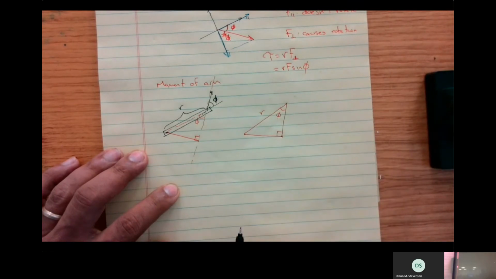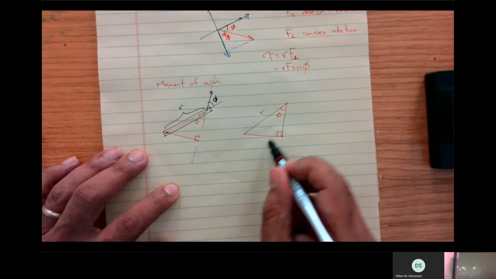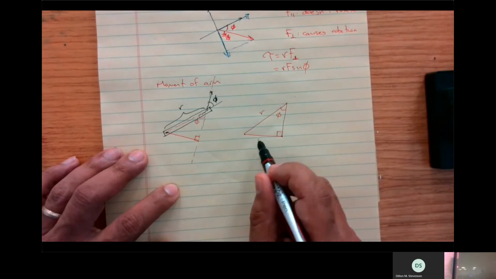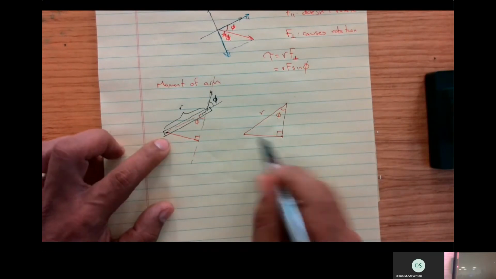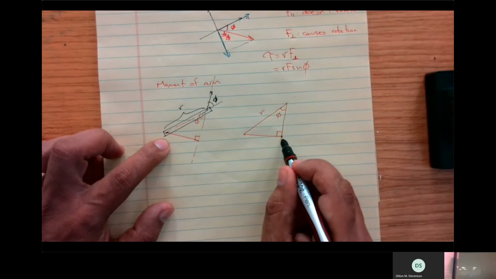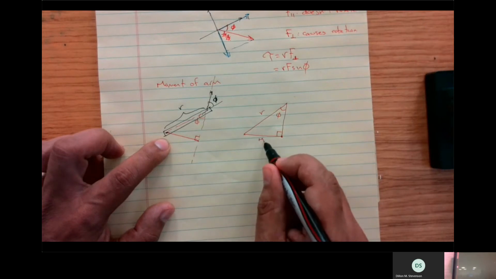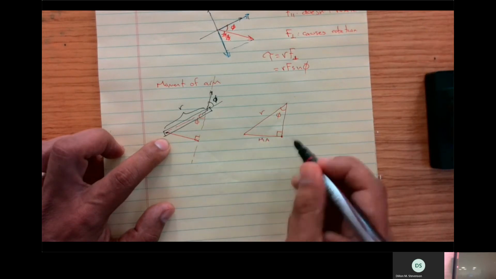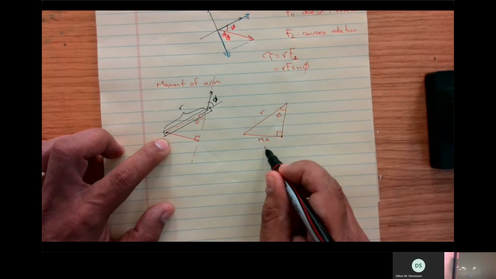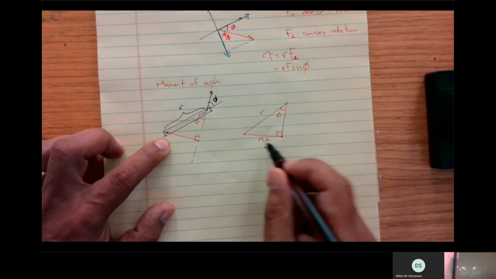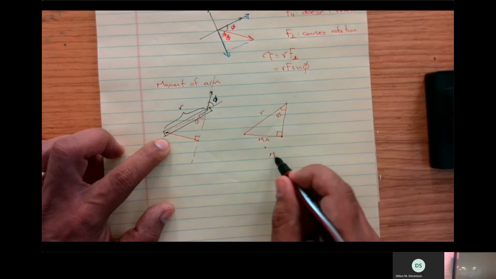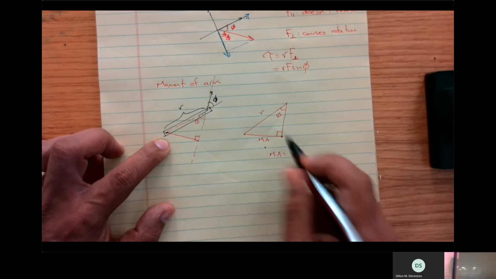So now what I'm going to calculate, the moment arm, is this line that goes from the pivot point to the line of the force. So this is the moment arm. And the moment arm is basically R sin of phi.